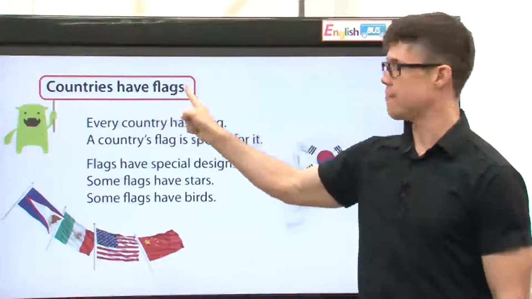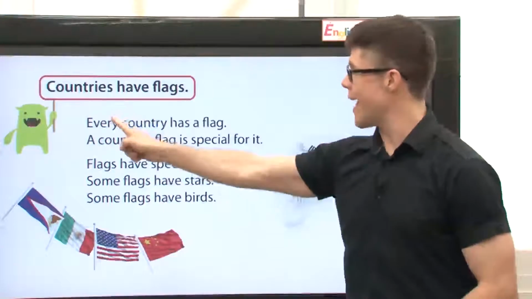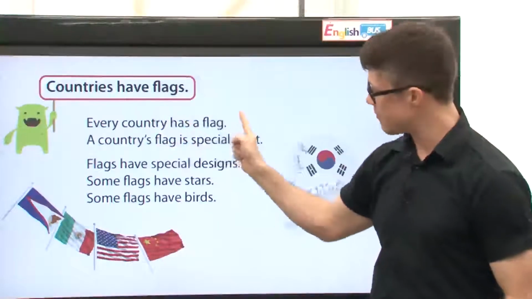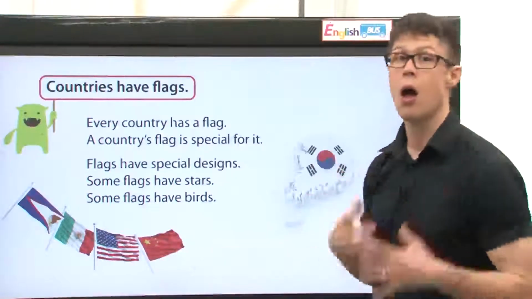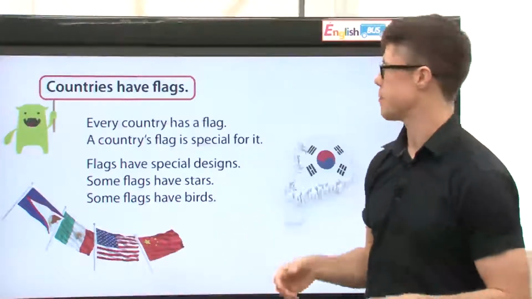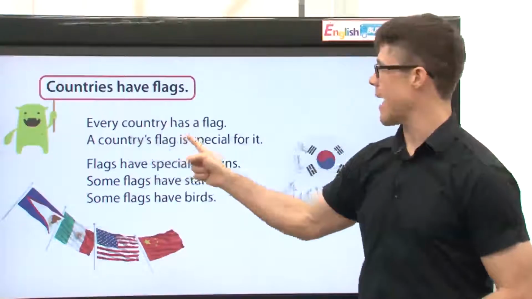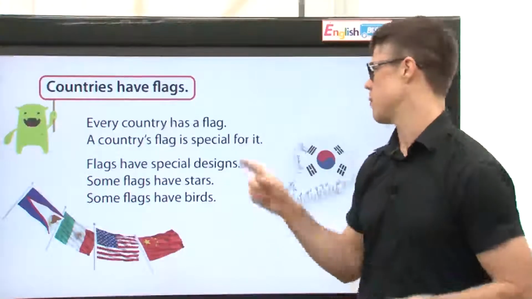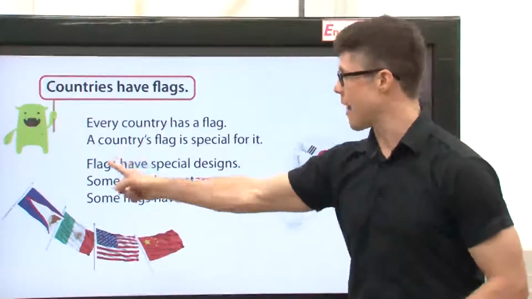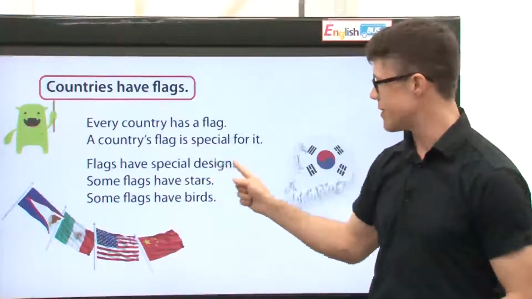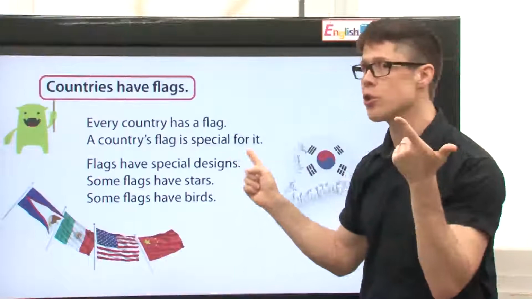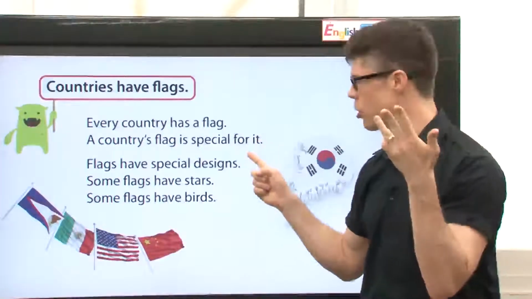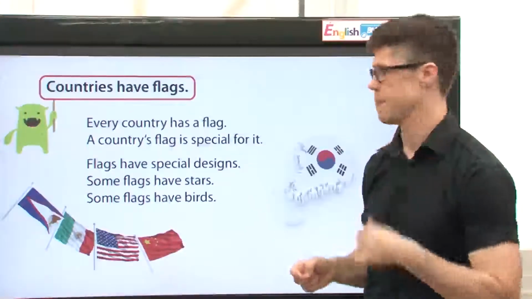Countries have flags. Every country has a flag. See, China, USA, Korea, all have flags. A country's flag is special for it. Flags have special designs. Flags have special colors, pictures, stars, circles. Those are designs.